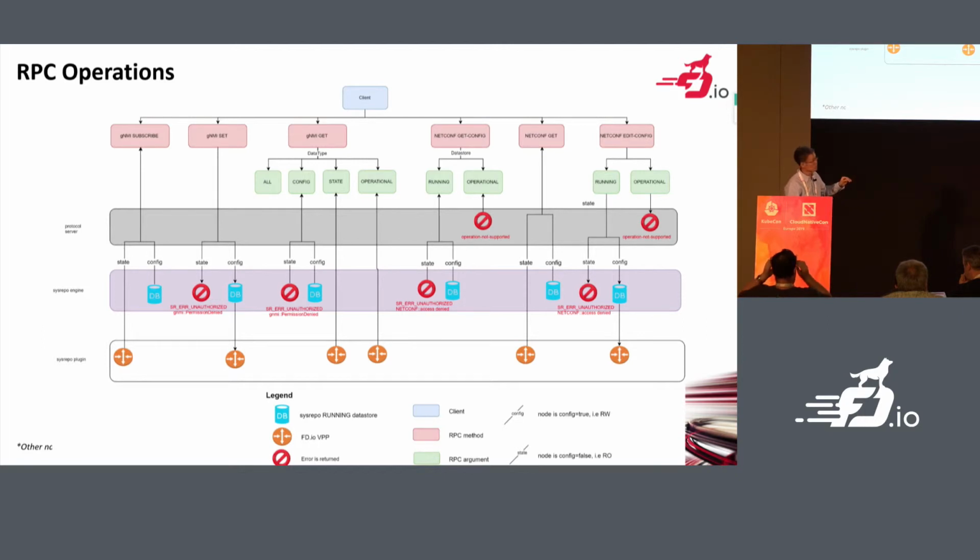So for the configuration, we will get the configuration from the data store in the sysrepo engine. But for the state, we will get the information directly from the sysrepo plugin and the VPP part.